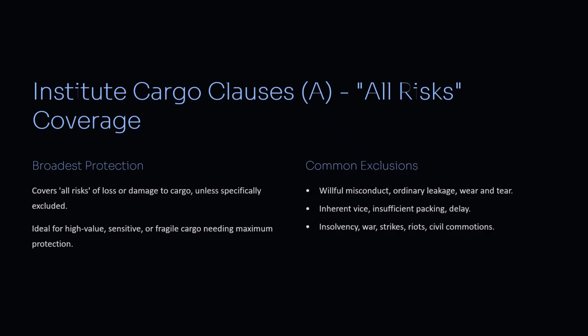Importantly, it also excludes risks like war, strikes, and civil unrest. These usually need separate additional insurance. This A clause is best for high value goods, very sensitive or fragile cargo, or anytime you want the most comprehensive protection available for your shipment.